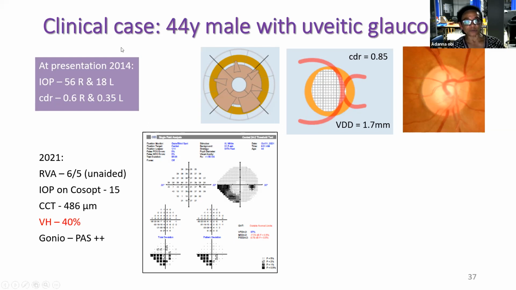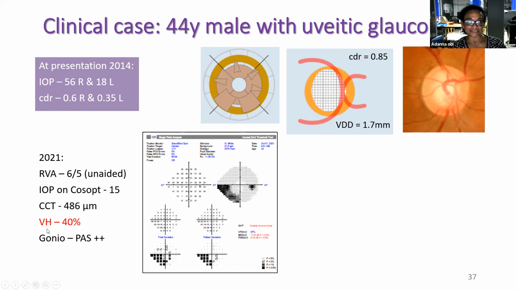So this was their presentation in 2014, 2021 now, vision is 6/5 unaided, which suggests that actually they haven't got much of a refractive error. They're on the intraocular pressure on Cosopt, so that's 2 agents, dorzolamide and timolol, pressure is 15. They've got a thin cornea, their Van Herrick is 40%, okay?